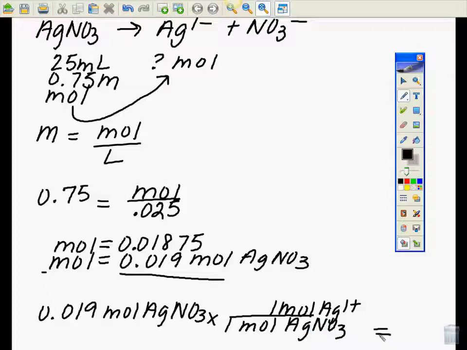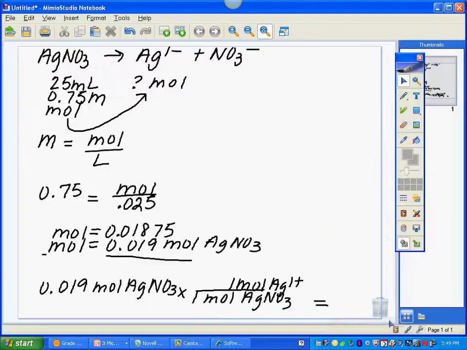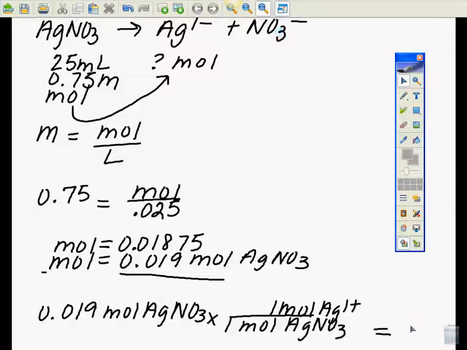Of course it's 1 to 1, so my given is my answer, which is 0.019 moles of Ag+. That's what you do if they don't give you just the molar to molar type situation.